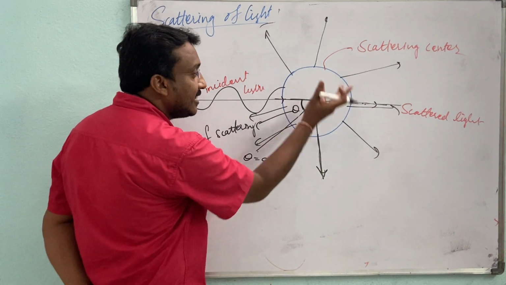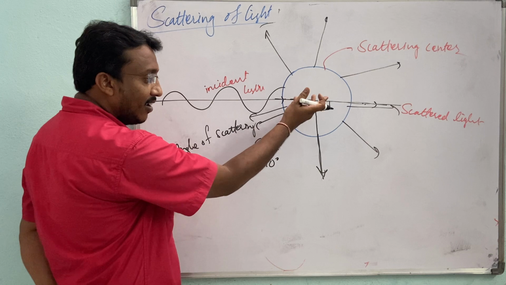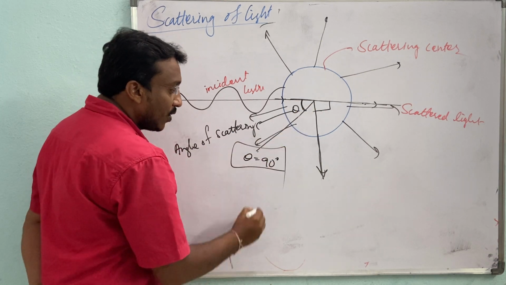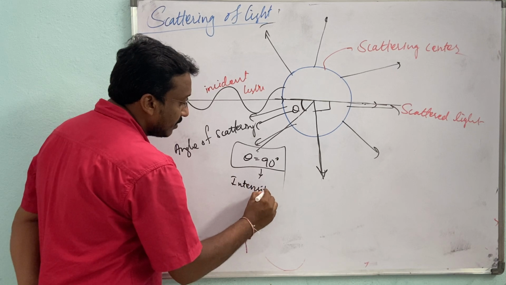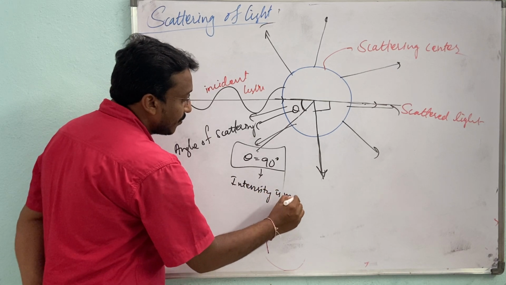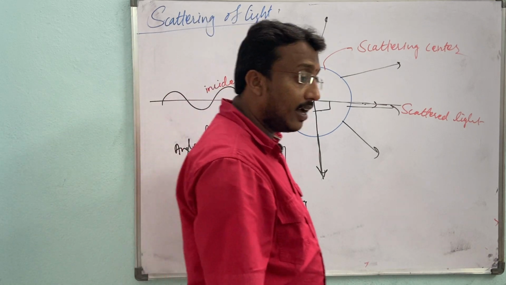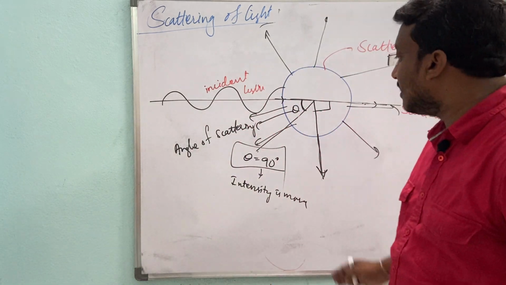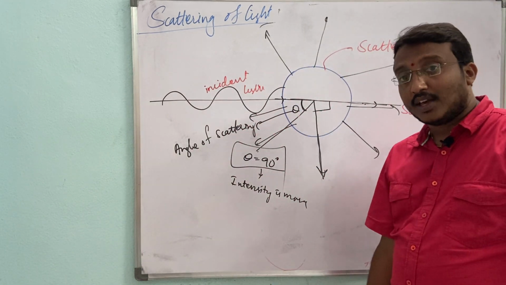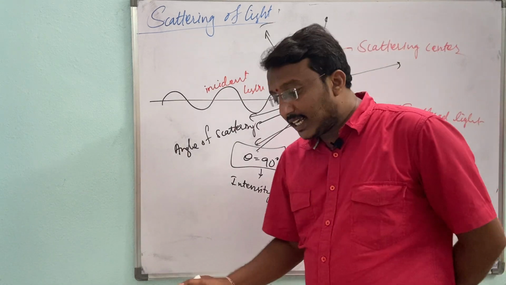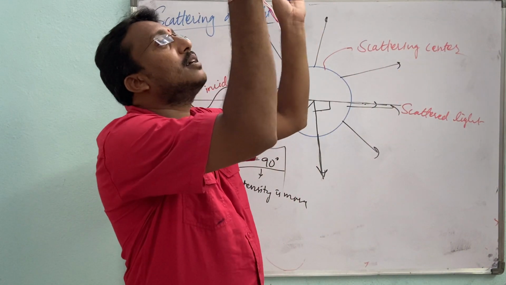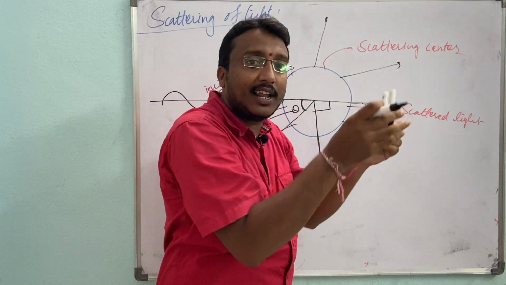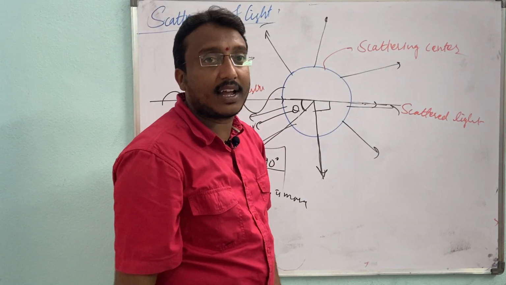The intensity of light is more when the scattering angle is 90 degrees. That's why when we see the sky vertically upward, the sky appears blue in color, very bright. We can see a clear blue color.